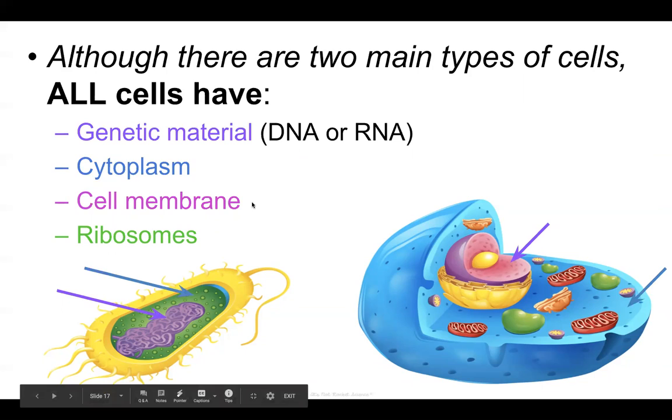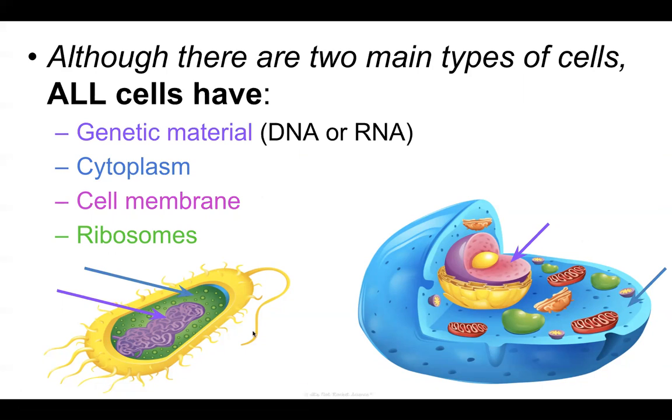The cytoplasm is this jelly-like material and this jelly-like material. The cell membrane is the outside of a eukaryotic cell. Well, an animal cell. Plants and fungi have another layer outside of that. And if you notice, this pink is pointing inside.